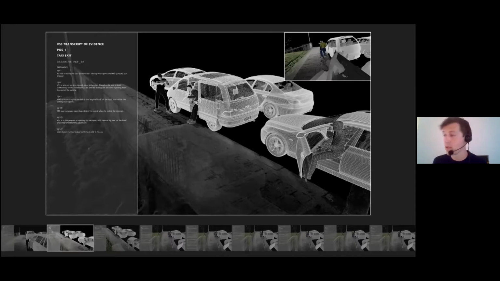Now, these were, of course, approximate at this stage, but we could slowly and iteratively remodel the scene multiple times in order to arrive at what you might think of as upper and lower thresholds for certain actions. So we knew that one officer must have left his car before another officer because of what those officers said that they could have seen at that time, and where we knew that meant they must have been positioned.